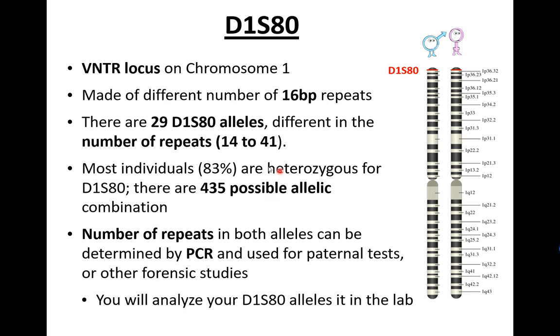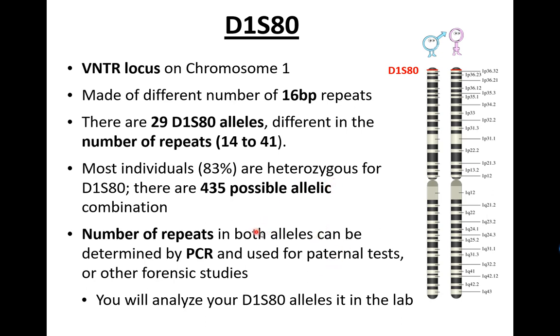The possible combinations of the number of repeats in this allele and this one come out to about 435 possible allele combinations. And most individuals, 4 out of 5, will be heterozygous, meaning that they have a different number of repeats in one allele versus the other. If you have the same, let's say you have 16 in both, you will be considered homozygous.